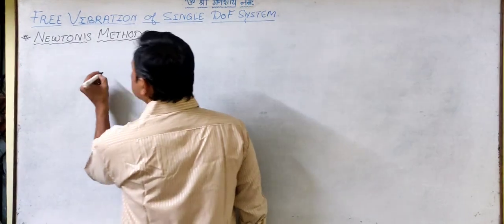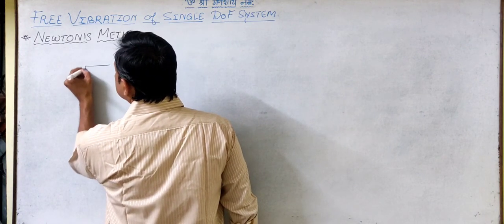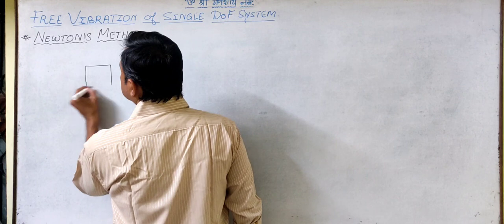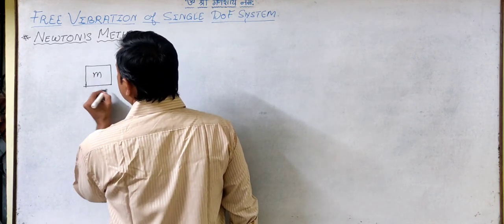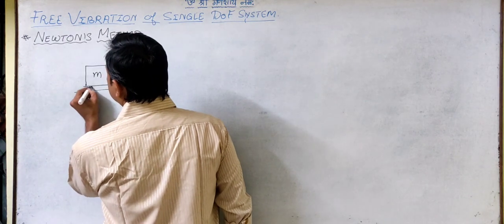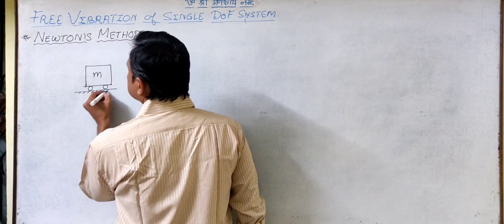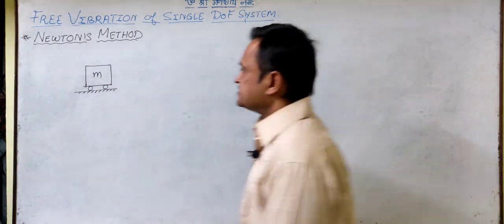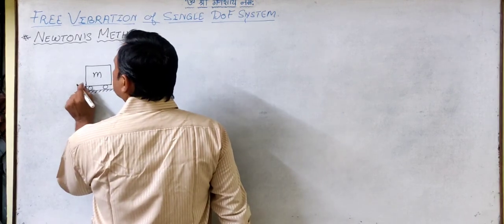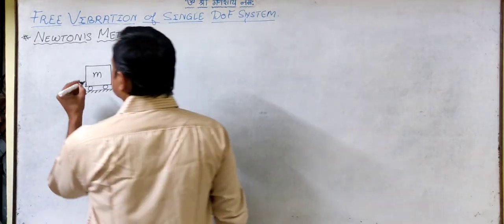Let's take up an example where there is this mass m, and let us say it's a frictionless surface. So there is no friction as such here, so we are neglecting that part.